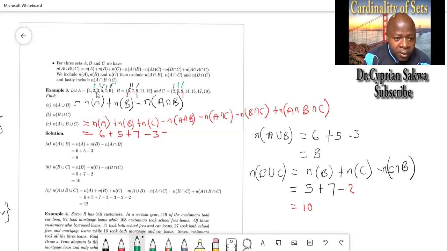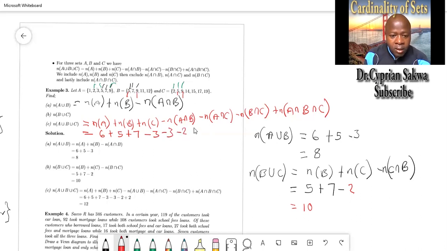Because we are left with 3 and 1 and 7, which are not there. So the intersection of A and C has 3 elements. What about the intersection of B and C? We have found it to have 2 elements.